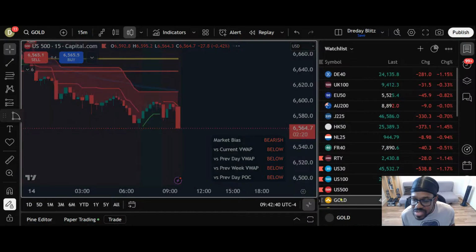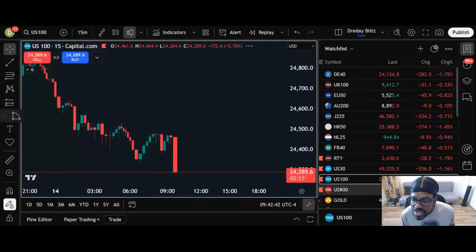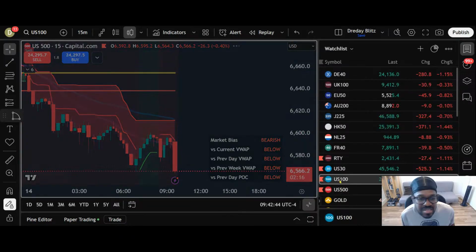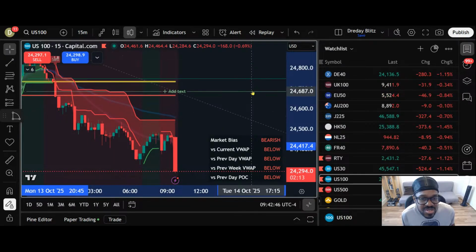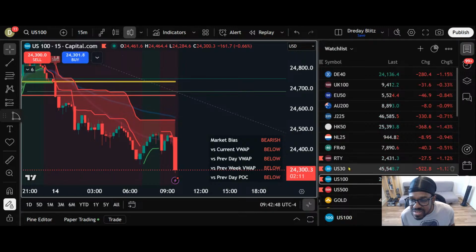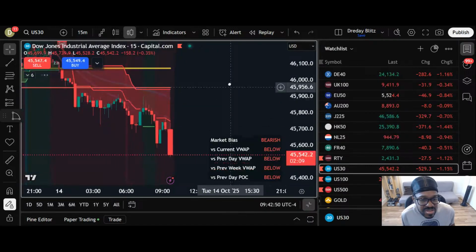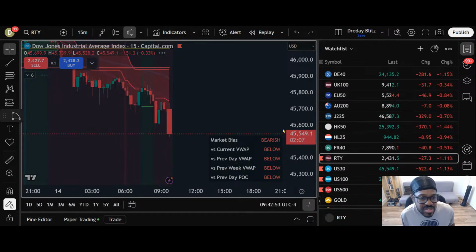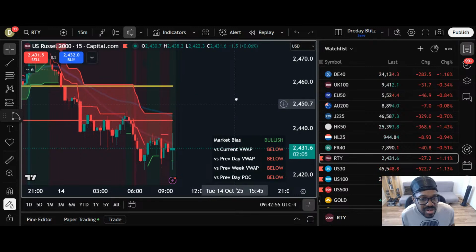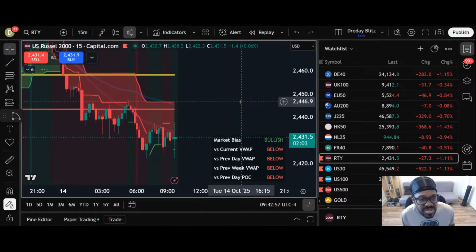S&P 500 is pushing to the downside. NASDAQ also. US30 also. And Russell is retracing a little bit here right now.